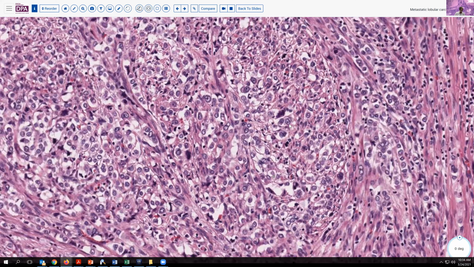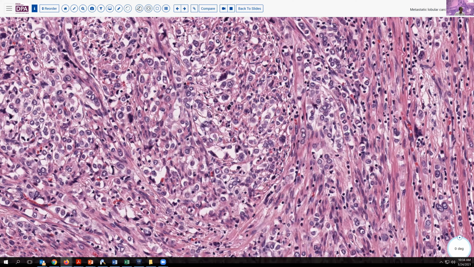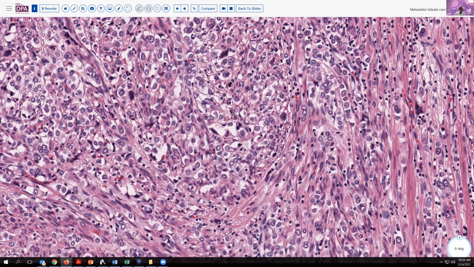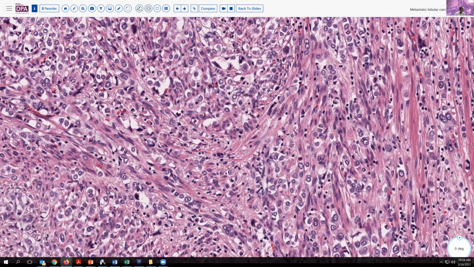We see some atypical cells, rounded nuclei, prominent nucleoli, a little bit of pale eosinophilic and slightly fibrillary cytoplasm. And we note that there's a little bit of lining up of some of these cells as they tend to form little Indian file groupings. This is one of the patterns of metastatic lobular carcinoma of the breast involving the ovary.